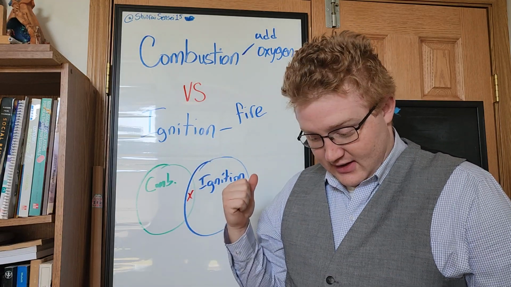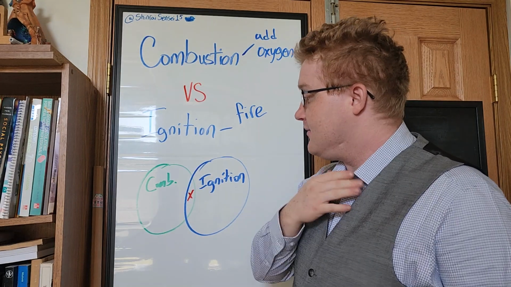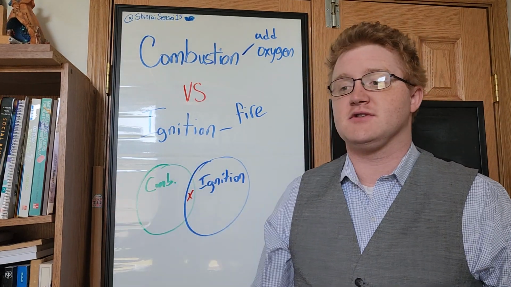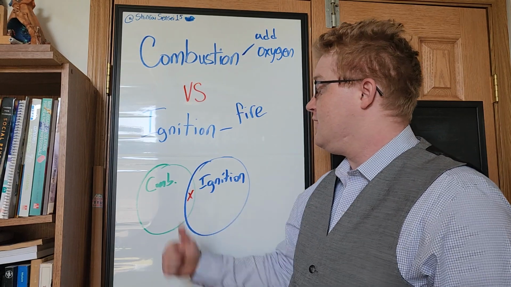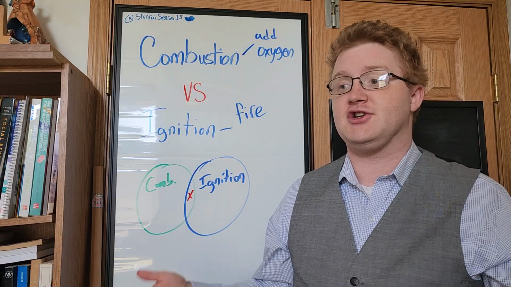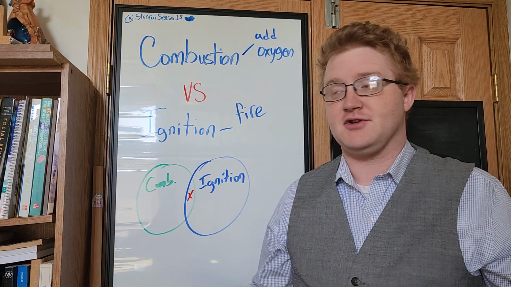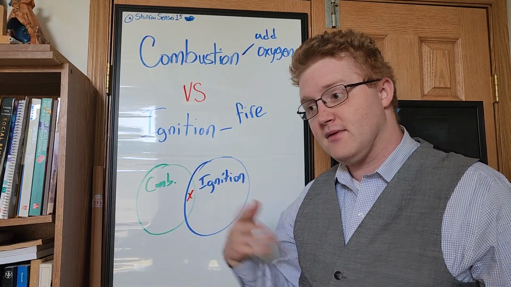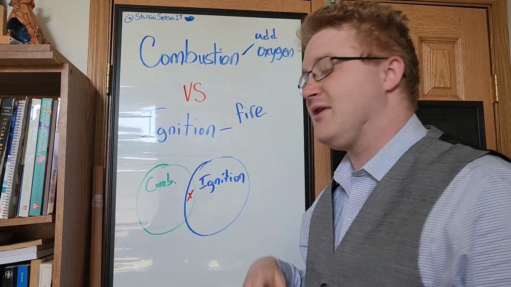But it's actually the violent reaction of the sodium with the water as it rips apart the water molecules. That leads to the ignition, which is a type of combustion reaction. And like I said, that little sliver between these two is where a lot of people get confused.